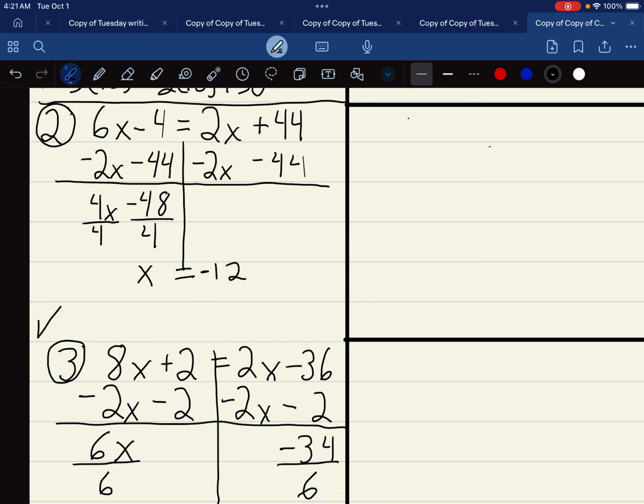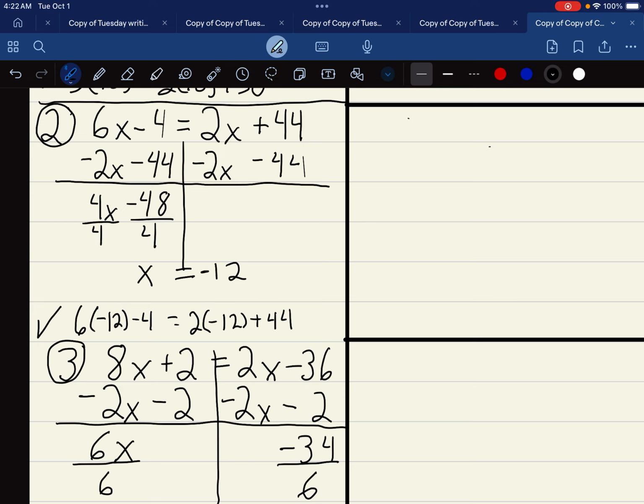So we want to see if this one's correct. So we're going to do the same thing. We're going to start off by checking it. 6 times negative 12 minus 4 equals 2 times negative 12 plus 44. 6 times negative 12 is negative 72.